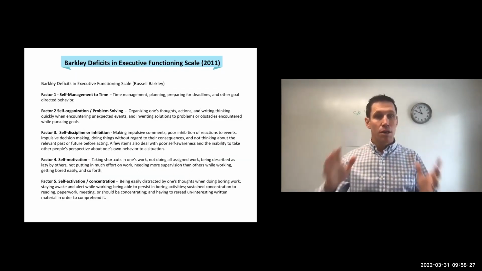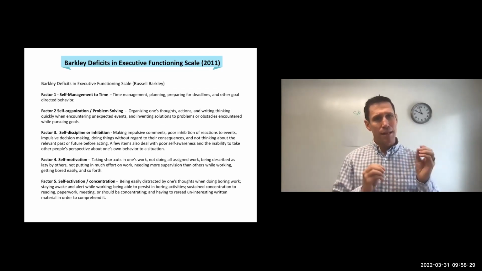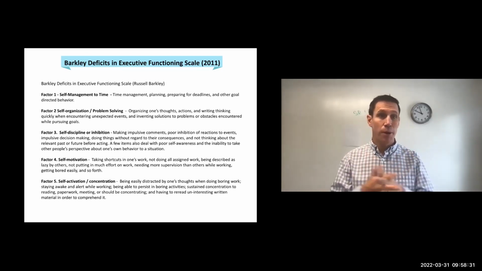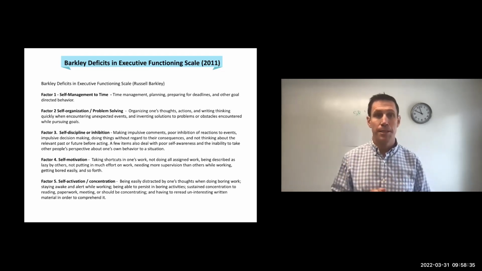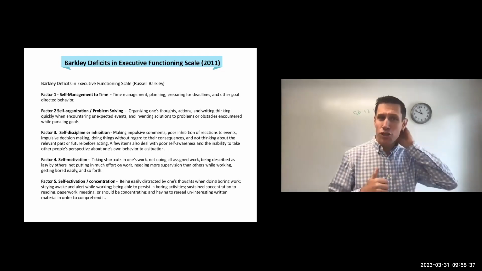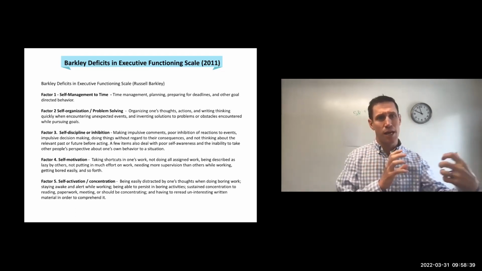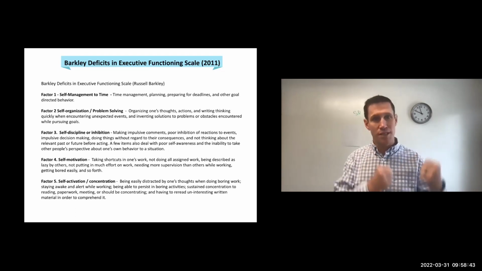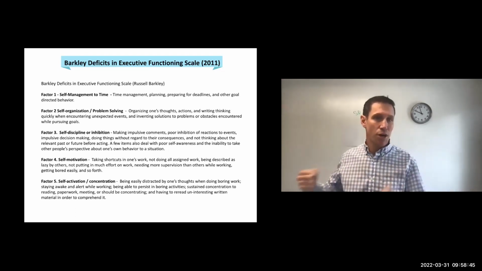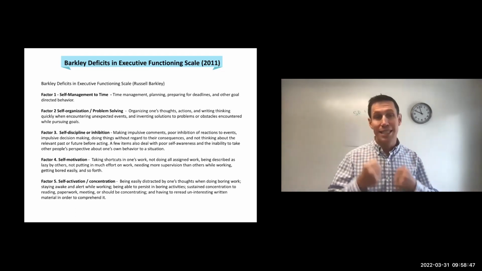So there's 5 categories here, and I use the Barkley scale in our work, just because I enjoyed how it looked. It used really self-determination in all the factors, like self-management, self-organization, and how that starts with an internal process around identity, right?